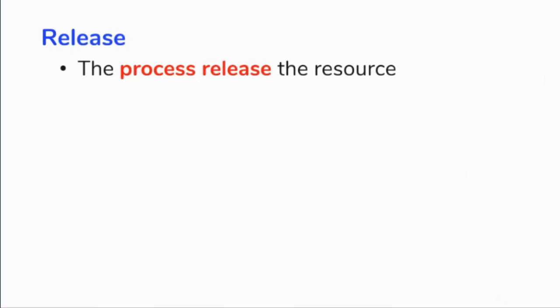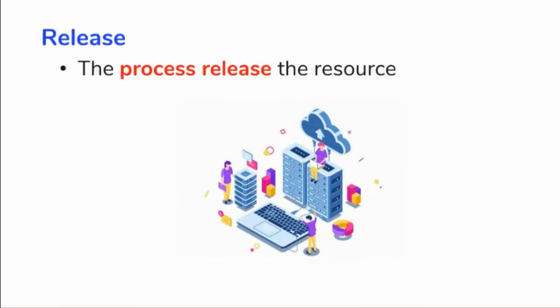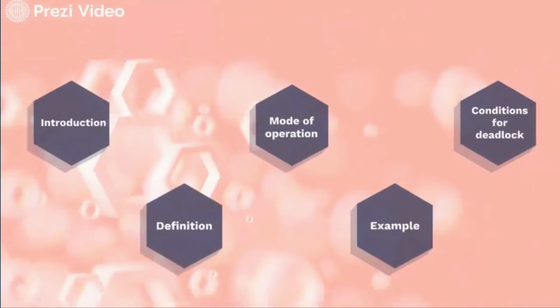So that is what is called the release. Once the process has completely finished utilizing the resource, the process will release the resource. So these are the three modes of operation by any process: requesting, using and releasing the resources.